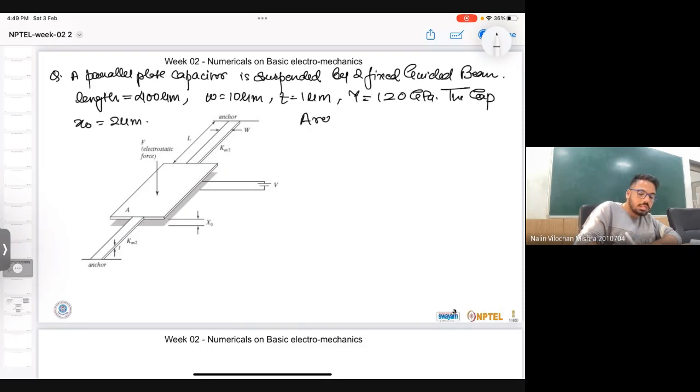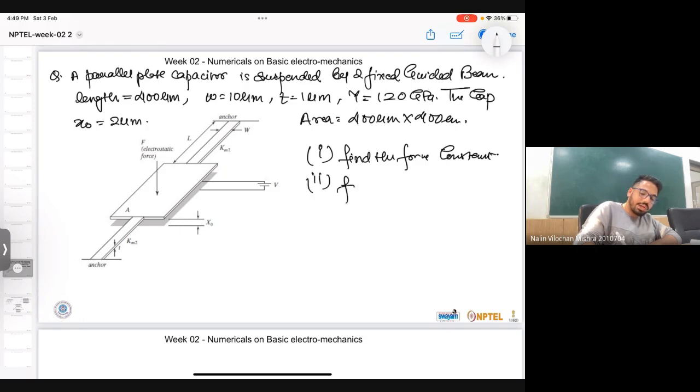Area you can consider as 400 micrometer times 400 micrometer. So what you need to do, first, find the force constant. Second, you need to find the pull-in voltage.